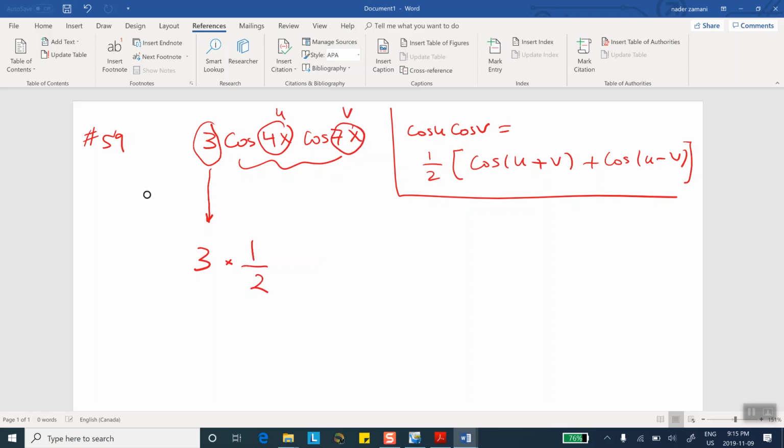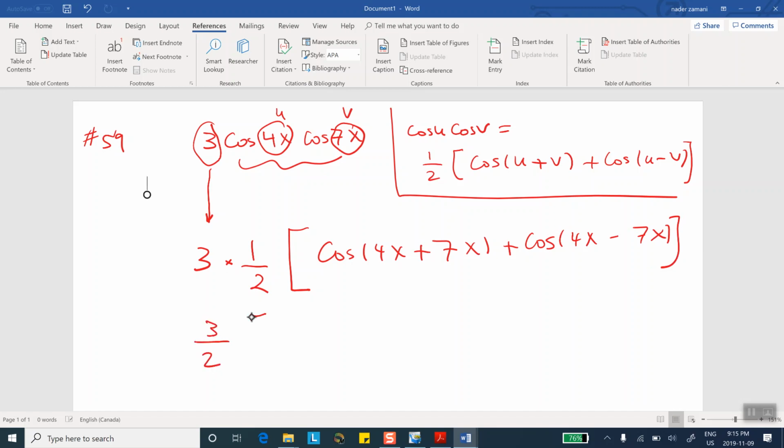So 1/2 times cosine of 4x plus 7x plus cosine of 4x minus 7x. If we do a cleanup, 3 times 1/2 is 3/2. Cosine of 11x plus cosine of minus 3x.